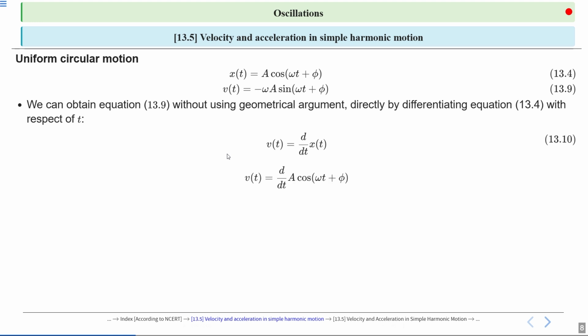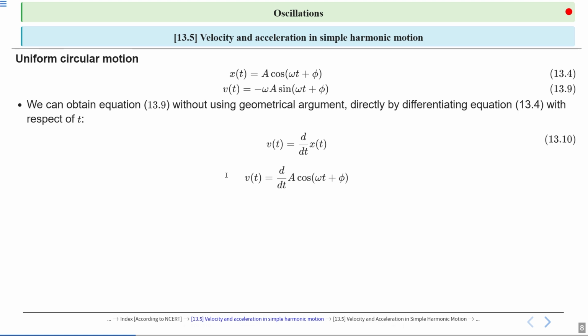So let's perform the differentiation. We have v of t equal to the differentiation of A cos(omega t plus phi), where A is a constant, so it stays out front.